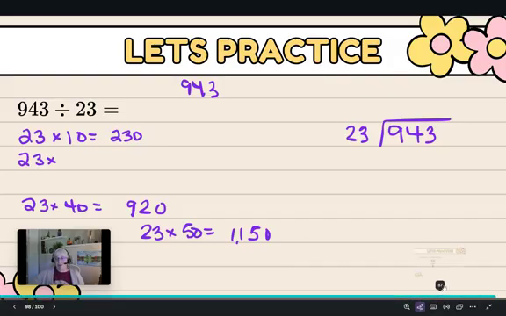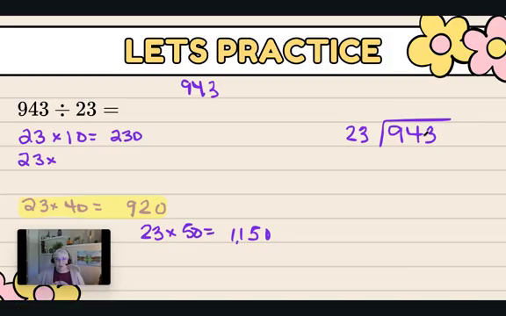So we are going to use 23 times 40. That 40 has a 4 in the tens place. So up here, 943, I'm going to put my 4 above the tens place, which again, isn't typical. 4 times 23 is 920.